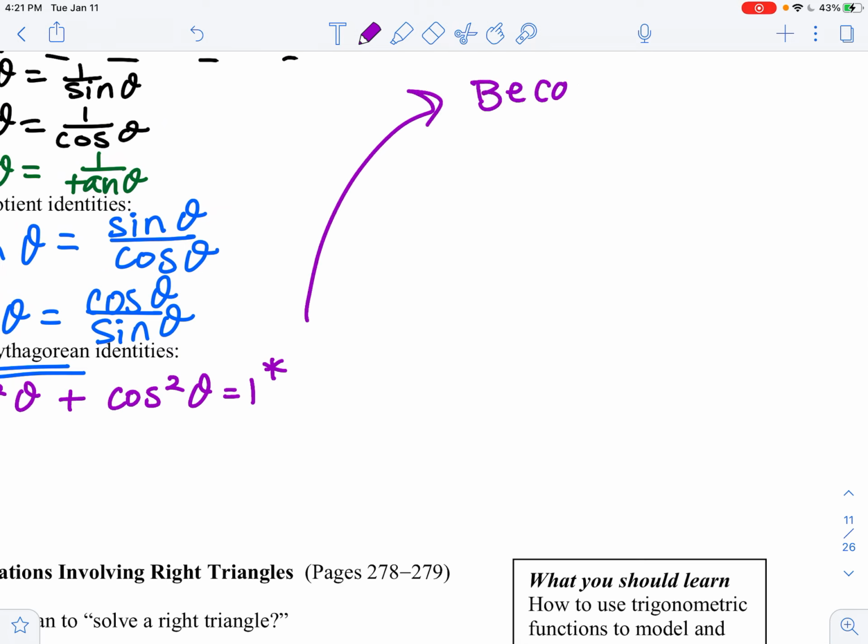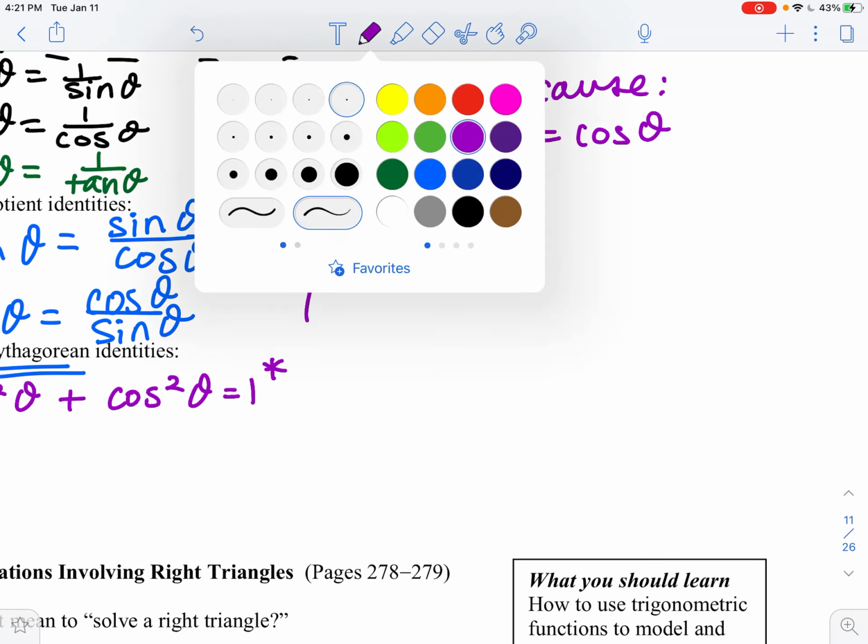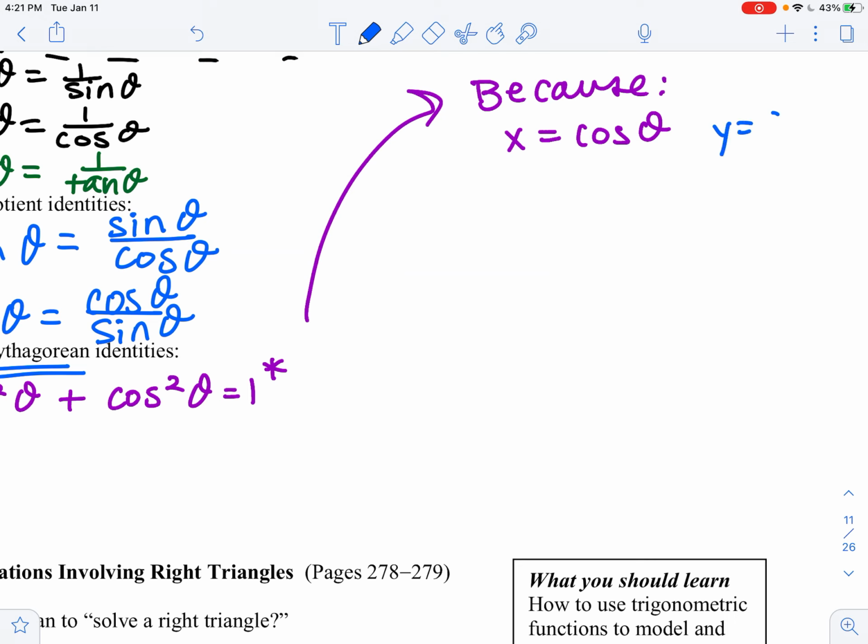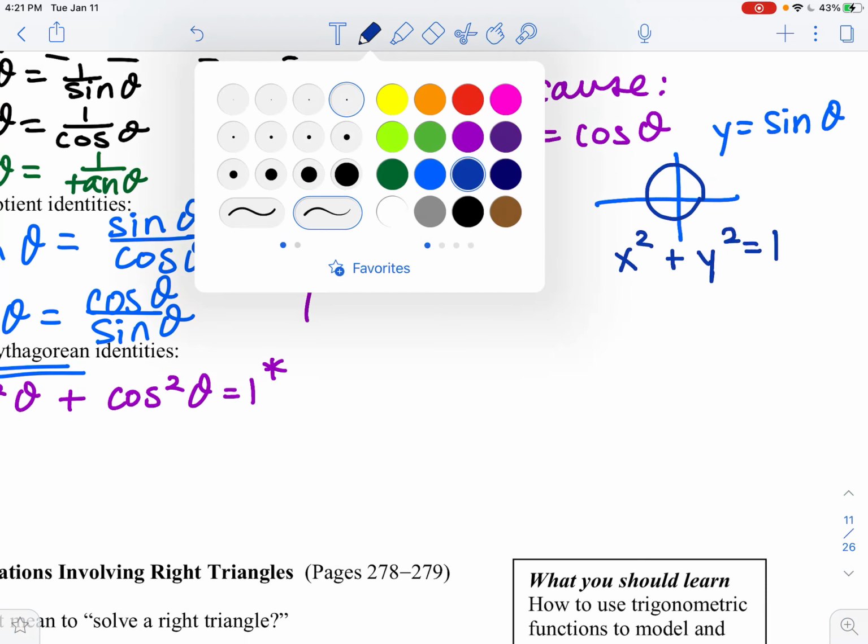This is because if x equals the cosine of theta, like we've been talking about, and y equals the sine of theta, and we're talking about a circle here. In this circle, we know the equation of a circle is x squared plus y squared equals r squared, or 1, because our radius is 1.